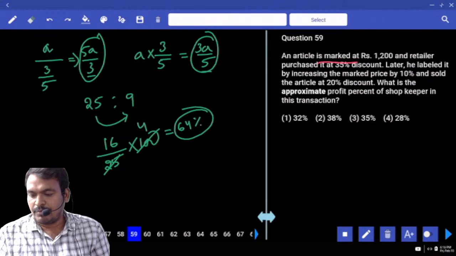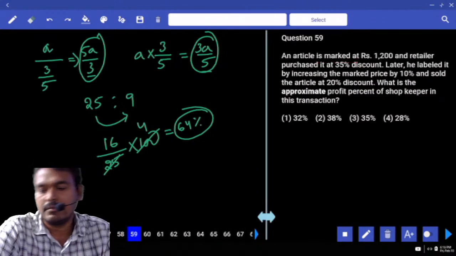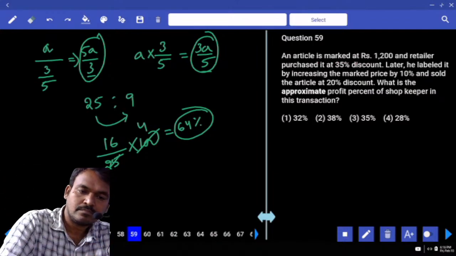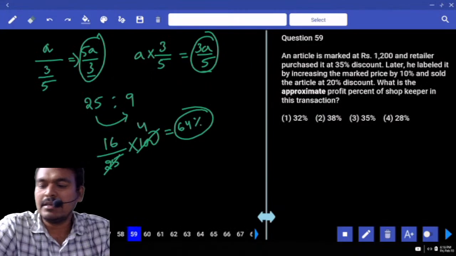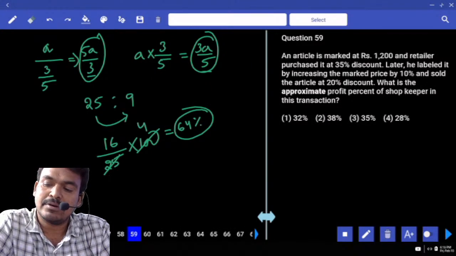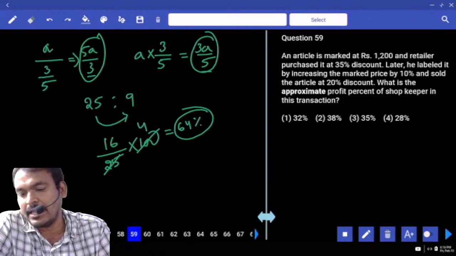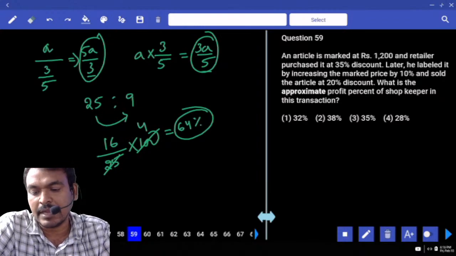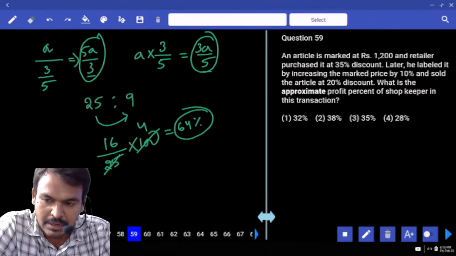Next, question number 59. An article is marked at 1200 and a retailer purchased it at a 35% discount. Later he labeled it by increasing the market price by 10% and sold the article at a 20% discount.